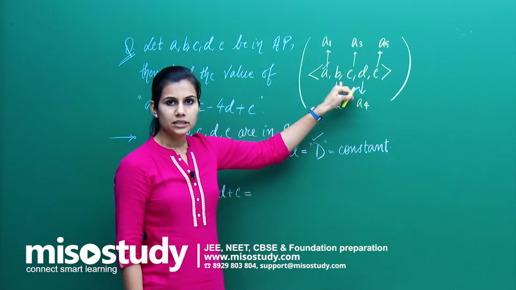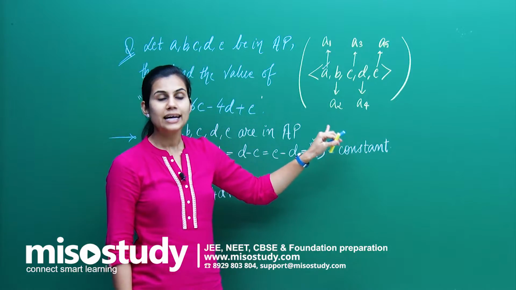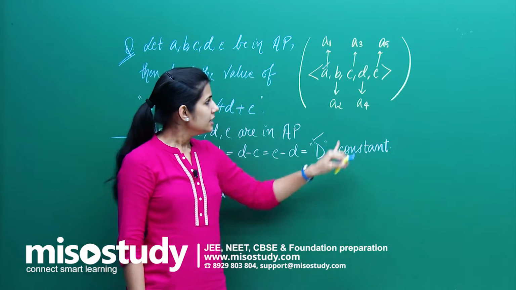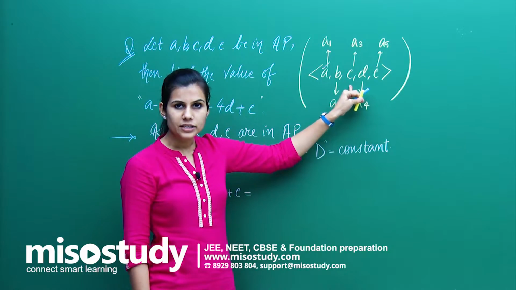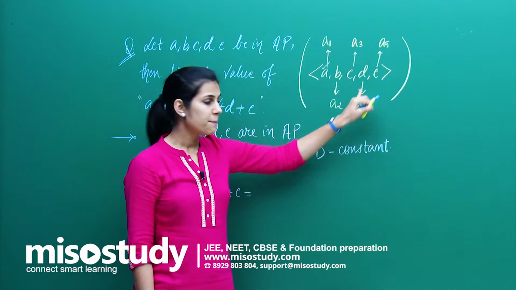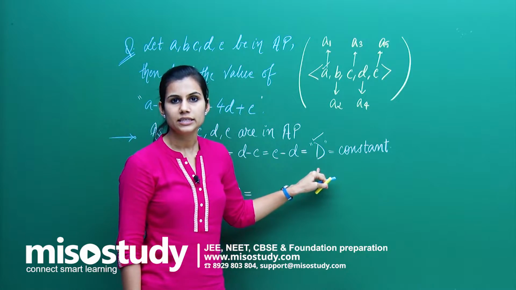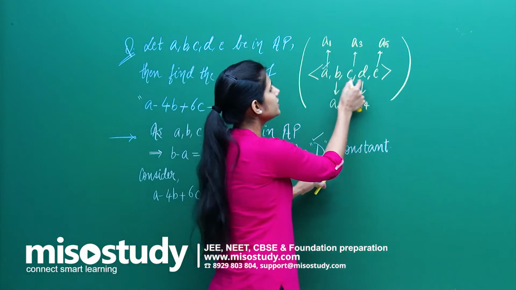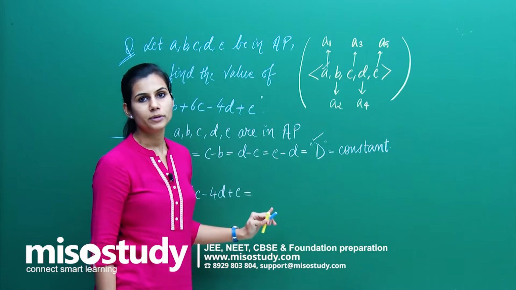B is the second term, it can be written as A plus D. The third term C can be written as A plus twice of D. Fourth term will be A plus thrice of D. Fifth term will be A plus 4 times D. That means each and every term will now be written in terms of the first term and the common difference.